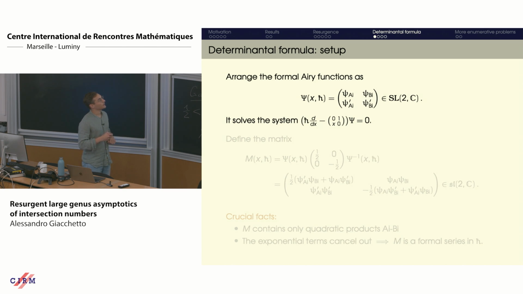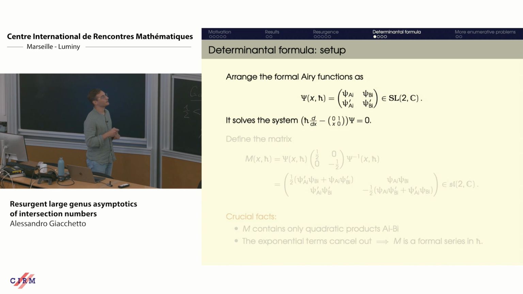First of all, I take these formal Airy functions, and let me arrange them in a matrix like this, where I have the Airy function, the Bairy function, and their derivatives. Because of the choice of normalization of those functions, this matrix will be an element of SL2(C). It has determinant 1 because of that specific choice of normalization.